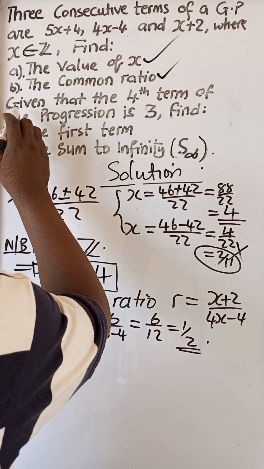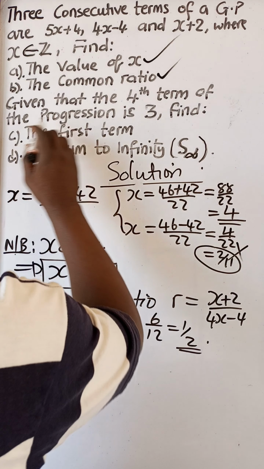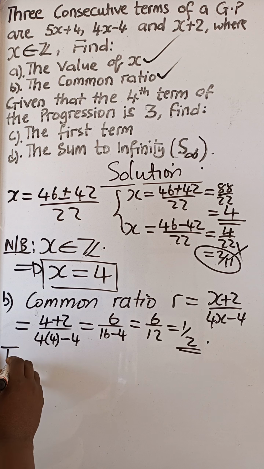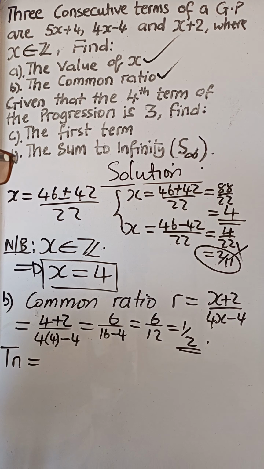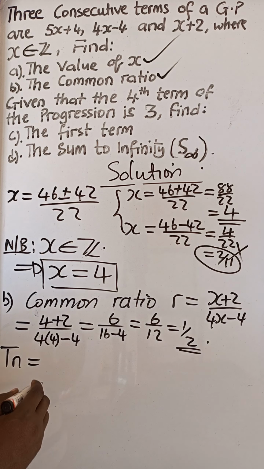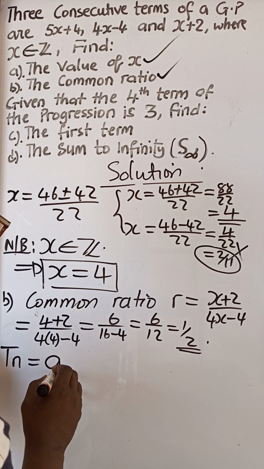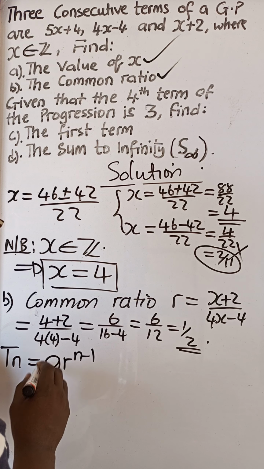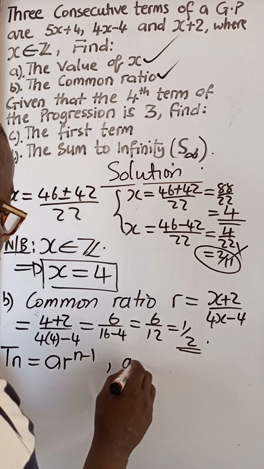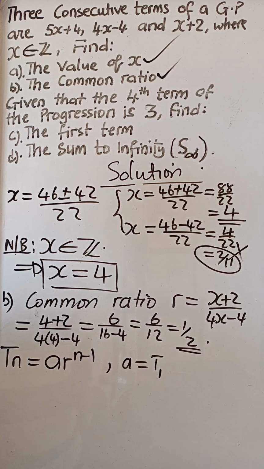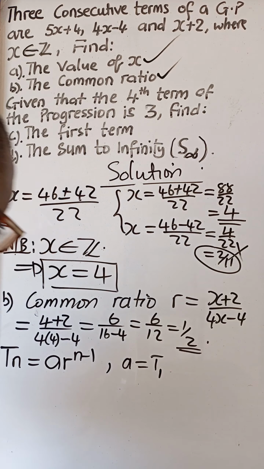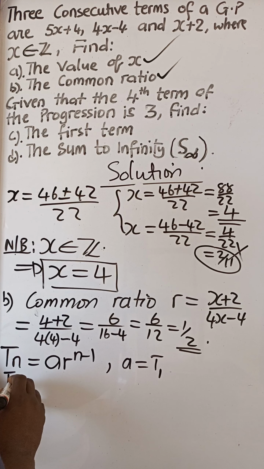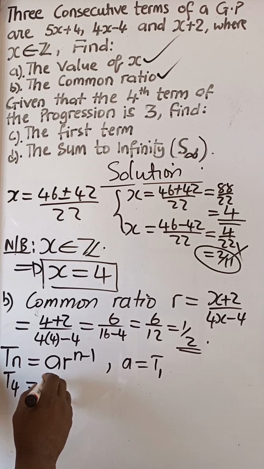Now the question says, given that the fourth term of the progression is 3. What is the general term for a GP? There's an expression for the general term. We'll call it Tn. The expression for the general term is always a r to the n minus 1, where a is our first term. So we are told that the fourth term, T4, is 3.